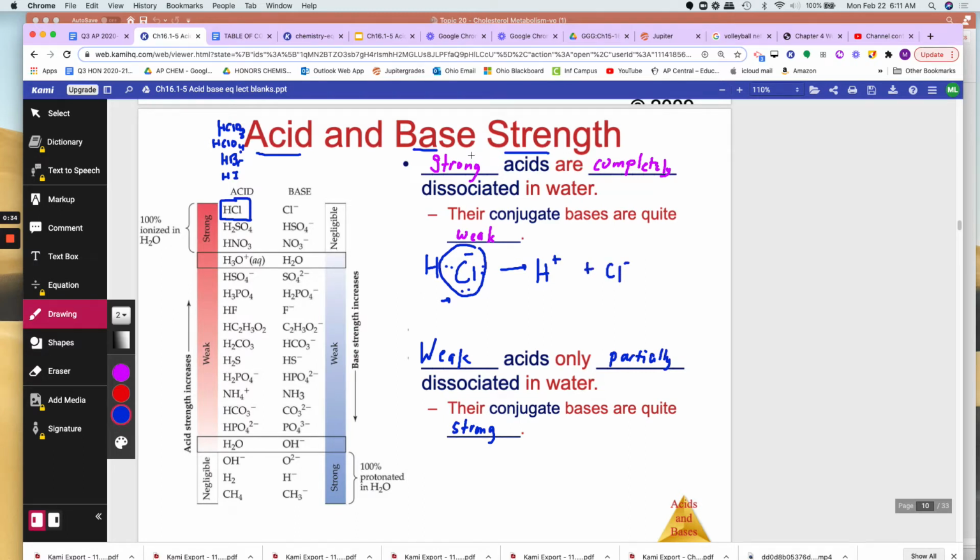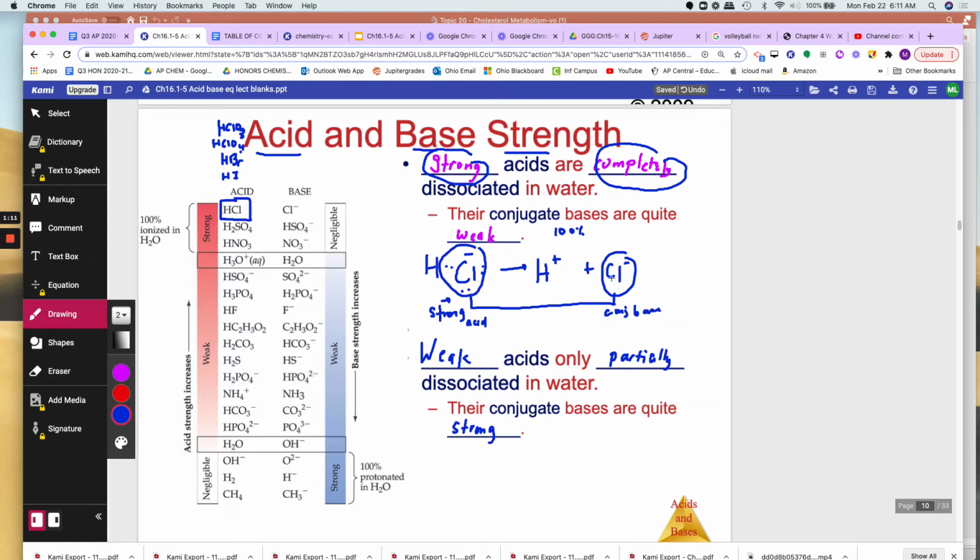If it's considered a strong acid, this will happen 100% of the time. Completely, all of it will come apart. Okay, which means if this is the strong acid, the Cl minus cannot hold on to the H. This is the conjugate pair: this is the strong acid, this is its conjugate base.